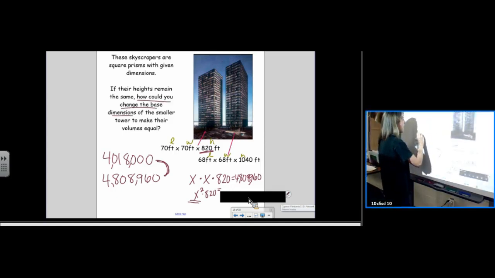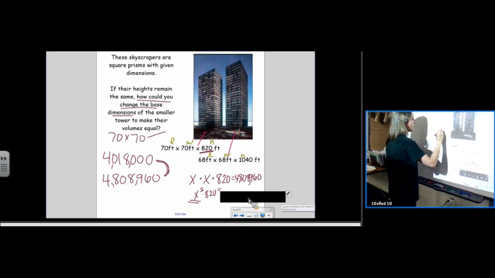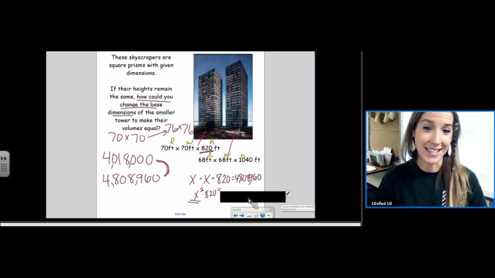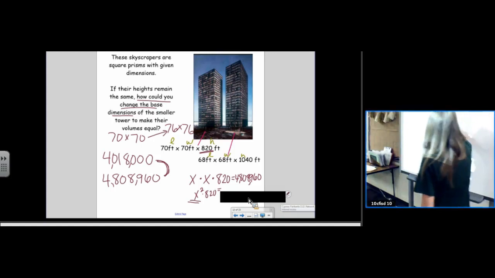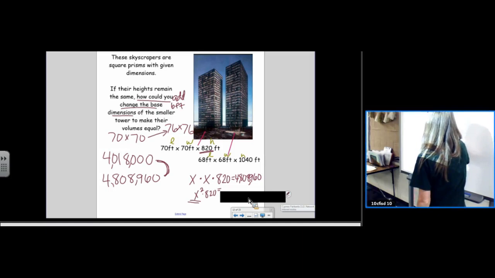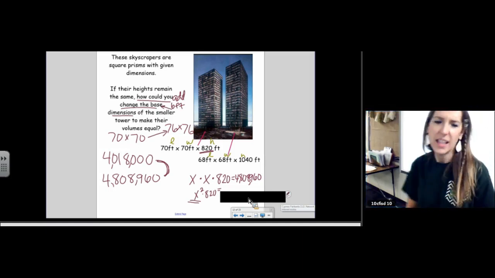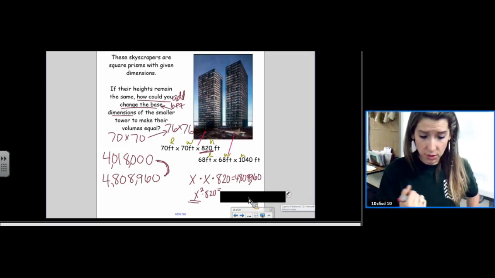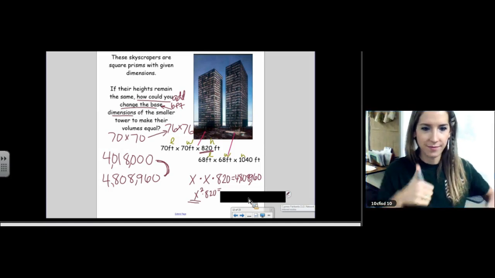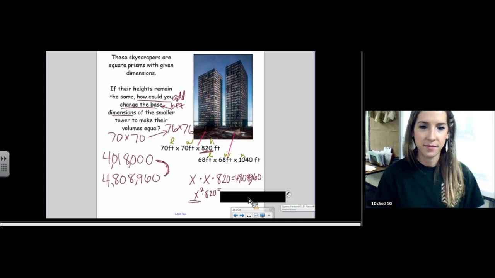So instead of the base being 70 by 70, the base would need to be, and this is rounding, 76 by 76. So you would need to add 6 feet to the base dimensions. Is that okay? Oh, you could do 77, I'm sorry. Yep, you could round. That's fine with me. Close enough. Yep.